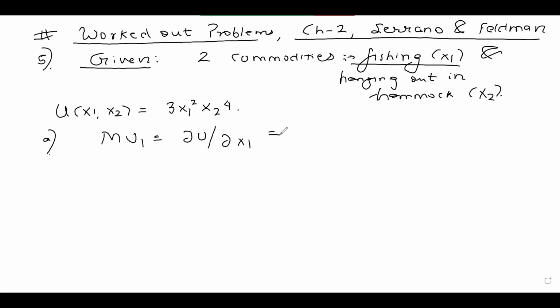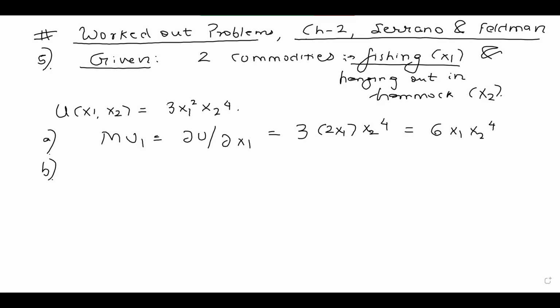The derivative of X1 squared is 2x1, and when you are partially differentiating with respect to X1, X2 is a constant, so X2 to the power 4 is as it is. The marginal utility from fishing is 6x1 x2 to the power 4.